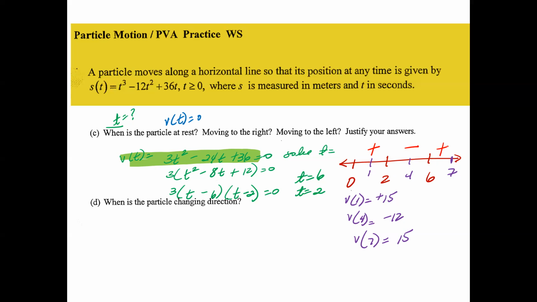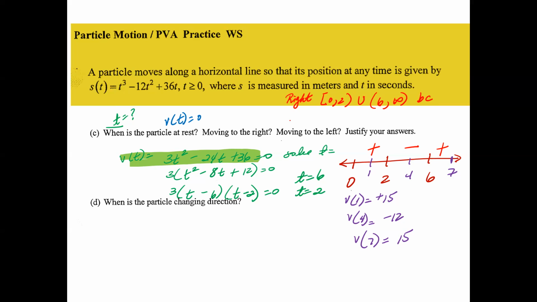And so answering the question, when is it moving to the right, when is it moving to the left? I will say that this particle is moving to the right between 0 to 2, and in addition, between 6 and positive infinity. Why?